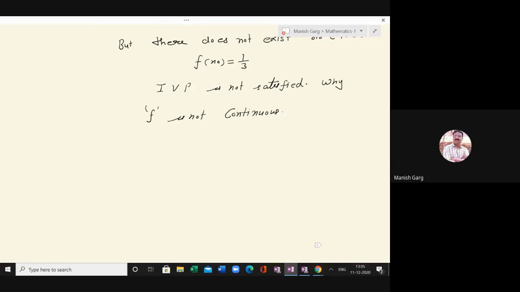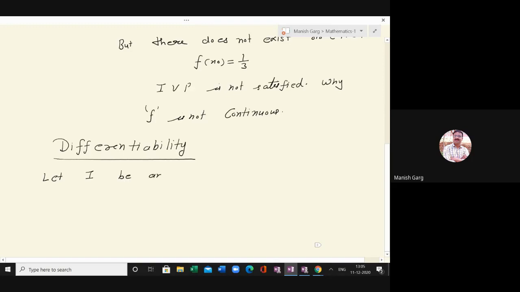Yes, sir. Okay. Now come to differentiability. You know what is differentiability? But I am giving a proper definition. It says, let I be an interval which is not a singleton set.